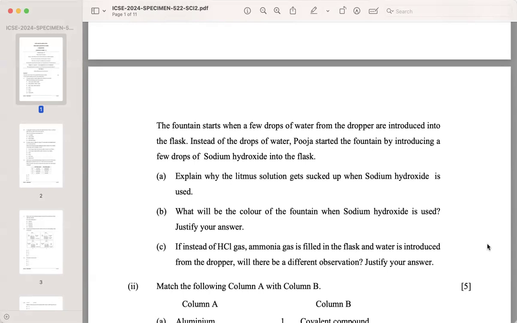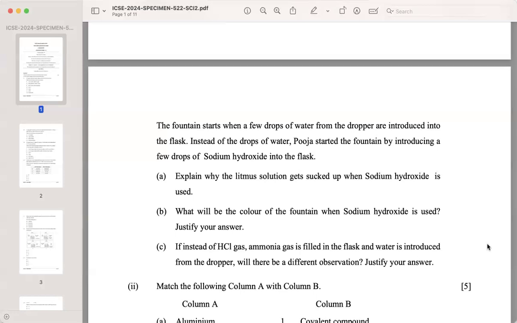Why? Because what will happen? Your HCl is a strong acid gas and your NaOH is a strong base. So the reaction will occur between hydrogen chloride gas and sodium hydroxide solution. Hence, a vacuum will be created inside the flask, and that is why the solution gets sucked up when sodium hydroxide is used.